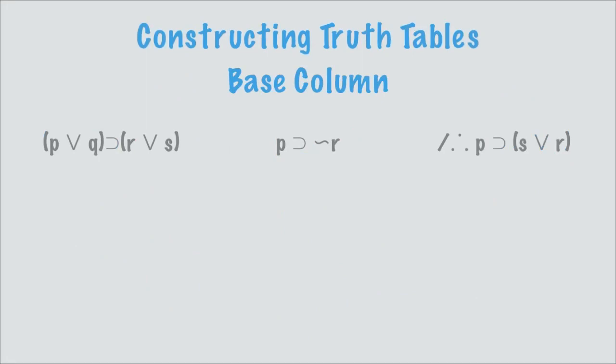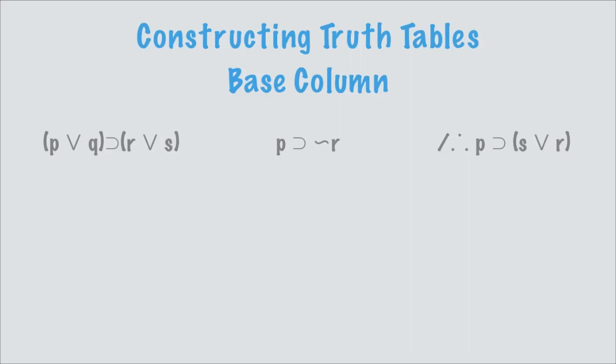Now, how is it that I'm sure that I've hit all possible combinations of trues and falses? Well, in order to do that, there's a little formula that your book mentions, which helps you construct the base columns. So how many T's and F's do I have to try?